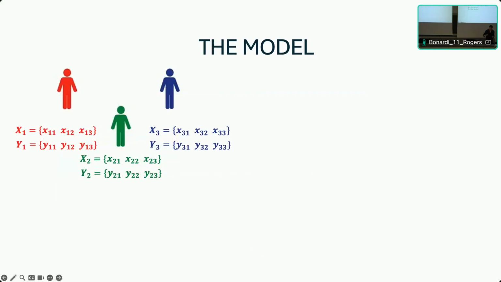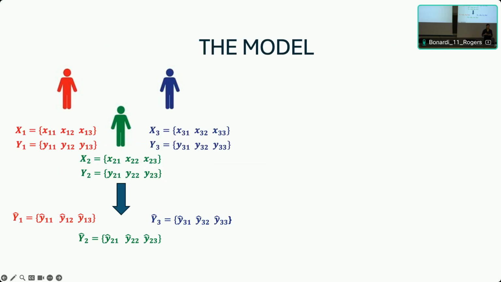To give you an idea of the model, we're going to have some number of agents, and each agent is going to have a set of input points. You can think of these as the item types, so the X values, and a set of labelings. You can think of these as the demand for each item. Each agent is going to report, potentially erroneously, their labels.